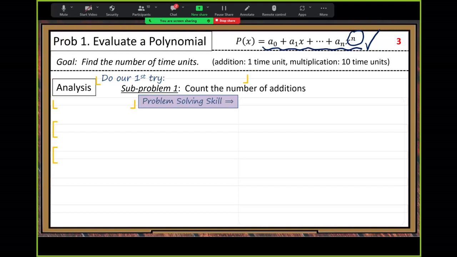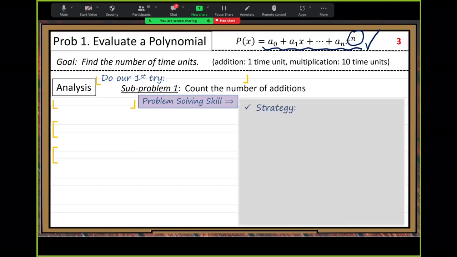So here, the question is how to see that n is correct or not. Let me do some work to convince you this n number is correct. I'd like to introduce some problem-solving skill here.